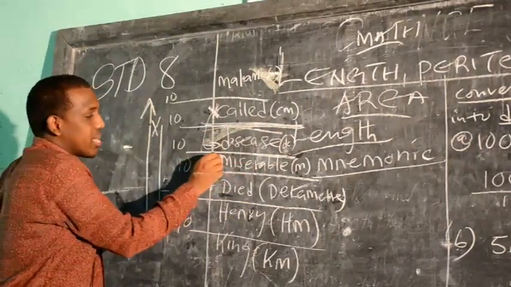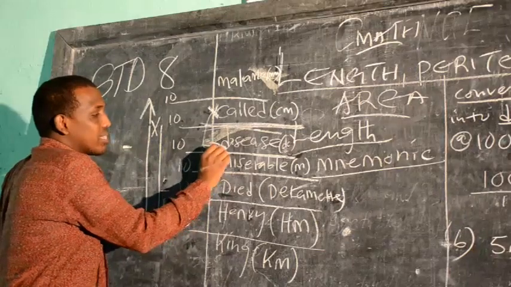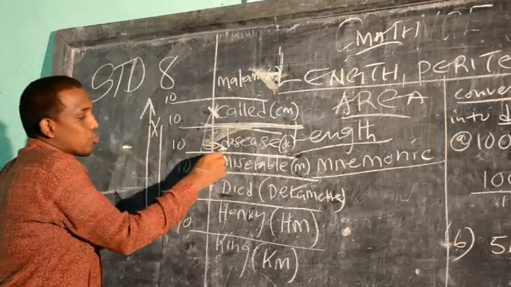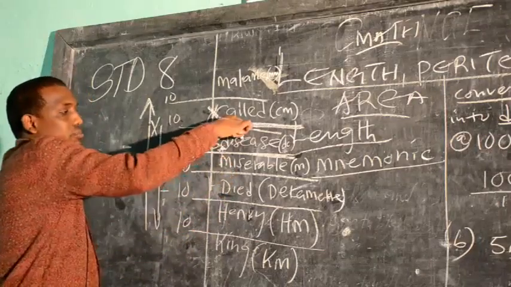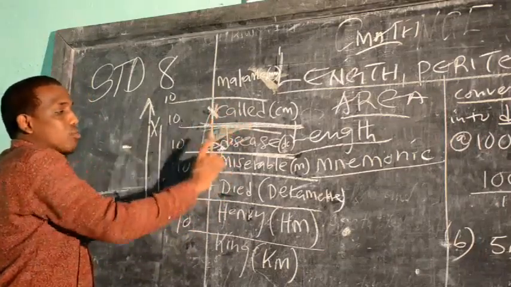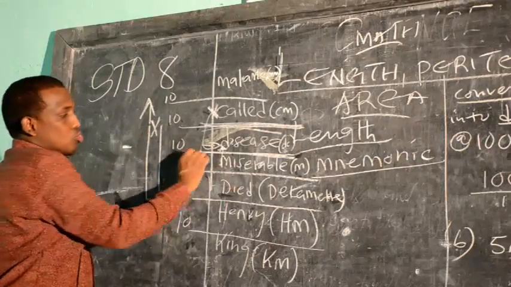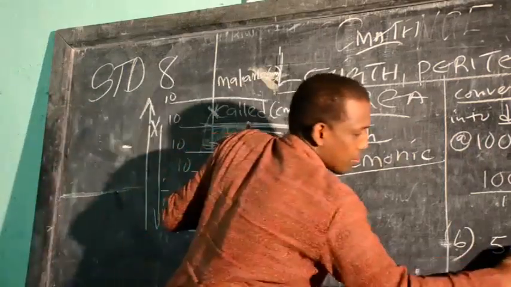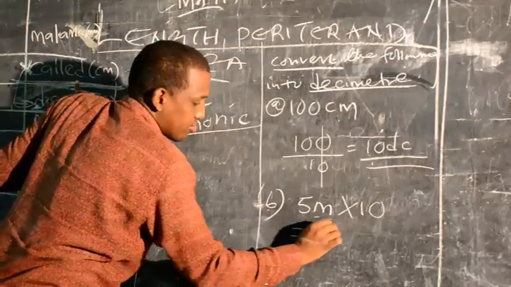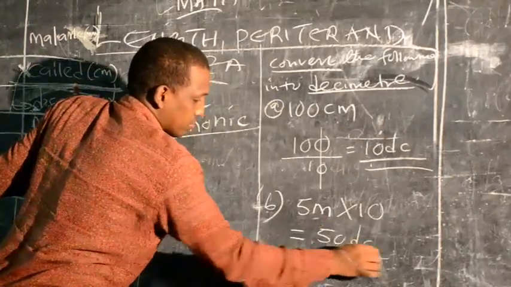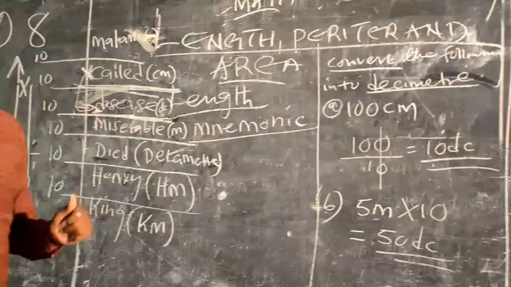Decimeter is here, so I'm going up, 1 step. When we are going up, we multiply. Remember, I said that. So we multiply times 10, which gives 50 decimeter. That's how we solve that question.